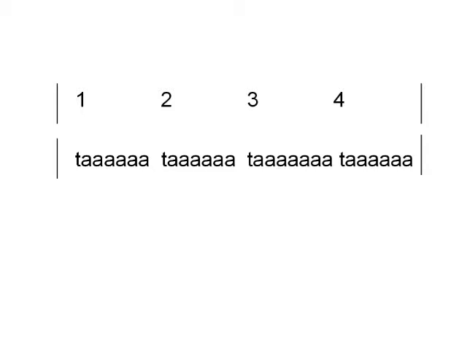So I have 4 different sounds, and each of these sounds lasts 1 beat each. I can sing these 4 different sounds while hitting my desk in this way: ta, ta, ta, ta.